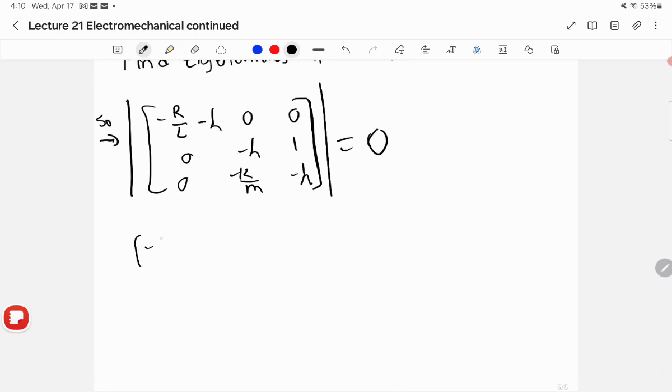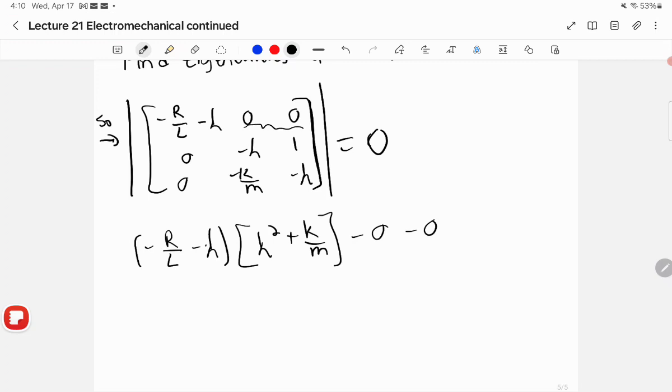And you should see pretty quickly that the determinant of this matrix is just this, because these zeros here kind of take care of these terms down here. And we're going to set that equal to 0.